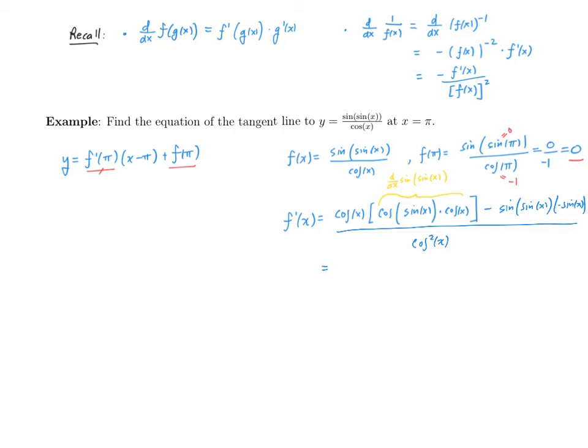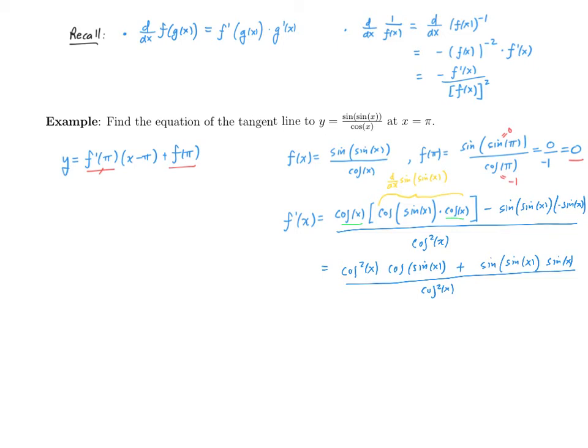The first term in the top would be cosine squared times cosine of sine of x, where we have grouped together the two cosine terms to be cosine squared. Minus a minus will make that a plus sine of x times sine x, all divided by cosine squared.